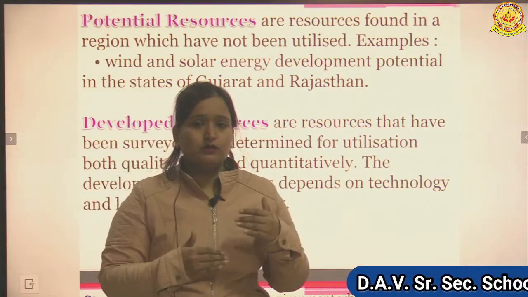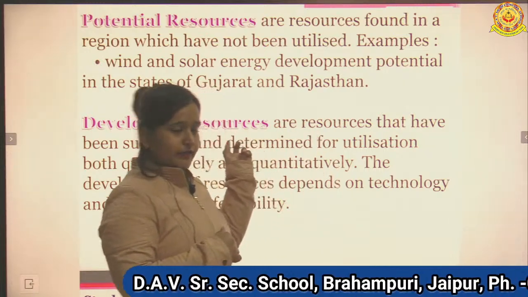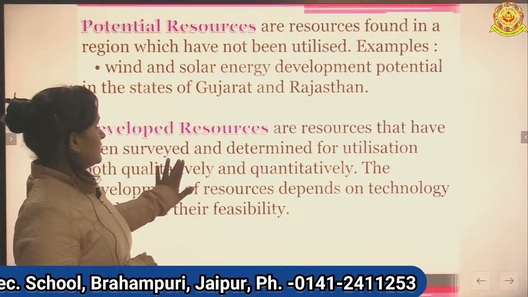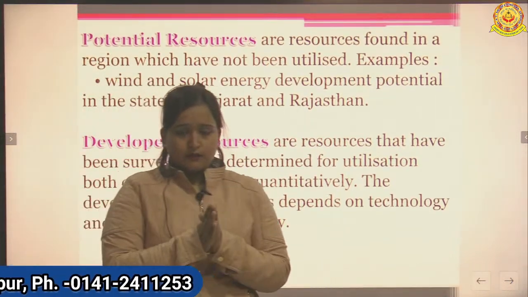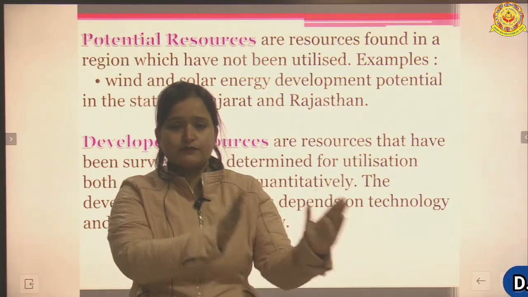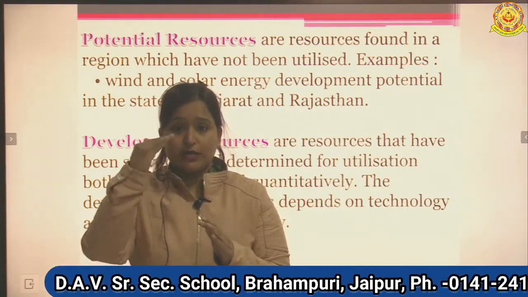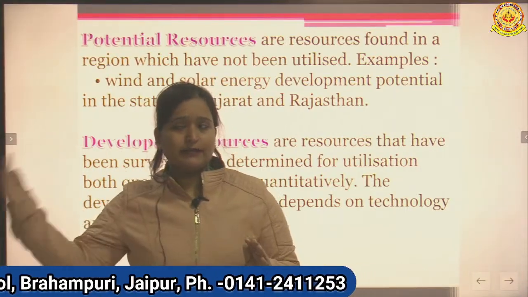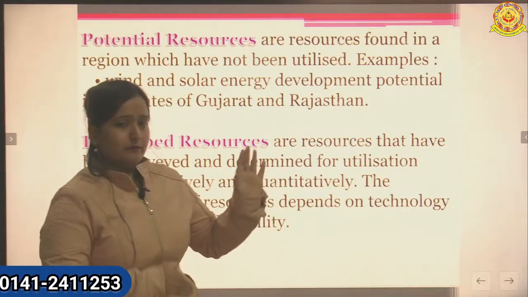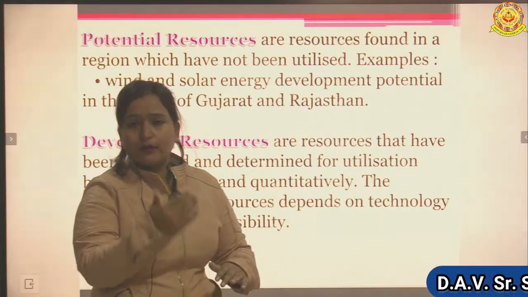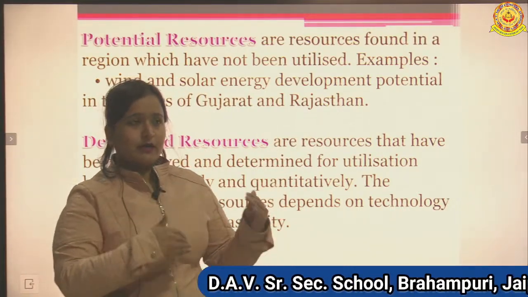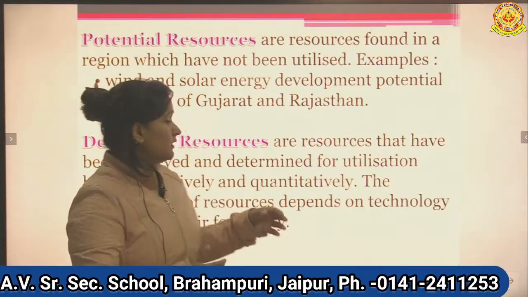These are classified into potential resources and developed resources. The fourth classification is on the basis of development: which type of resources has developed, by quality, by quantity, by measurements, and in which form we are getting it.